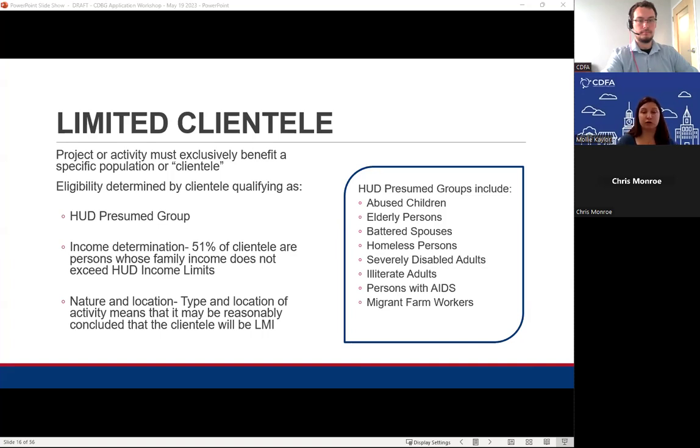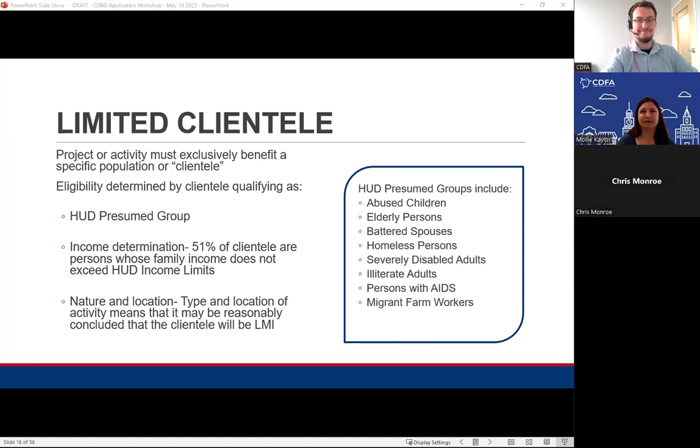In order to determine if a household meets the income determination requirements, you need to look at family size and income. A common way of doing that is through our family income verification surveys. We make those available on our website, and we update those each year when HUD issues new income guidelines. We actually just updated those.